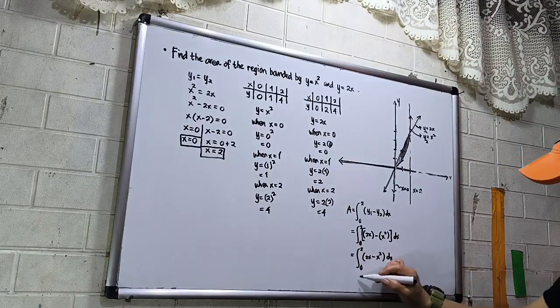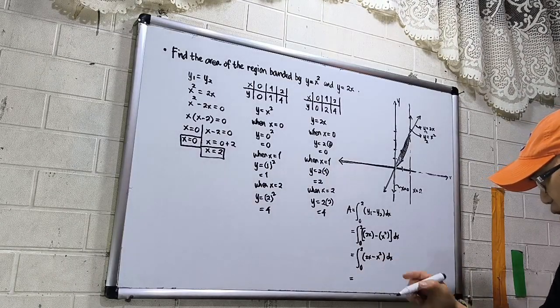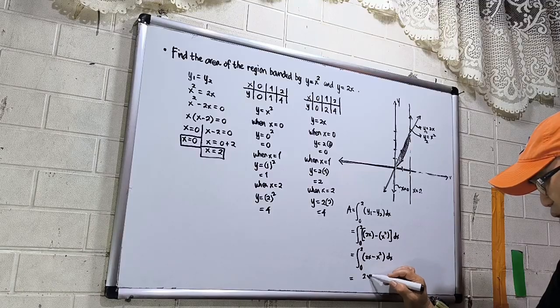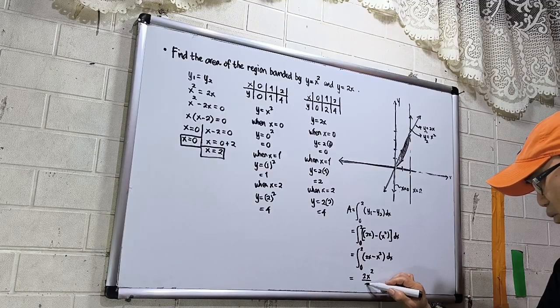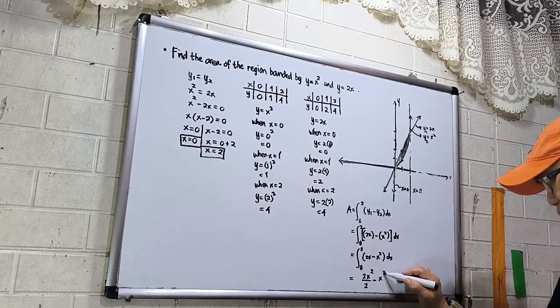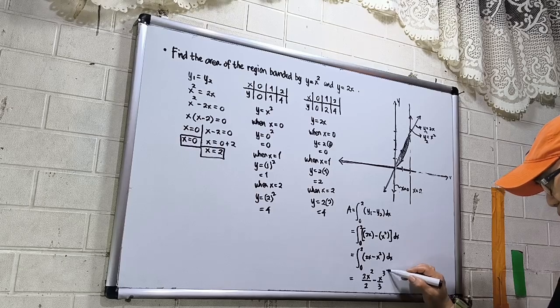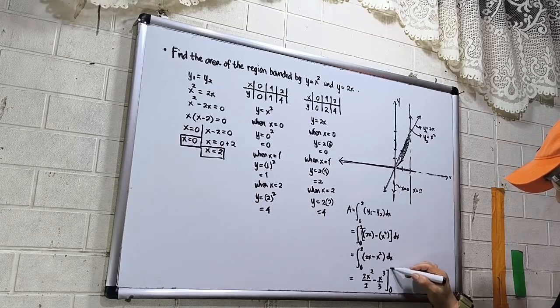Then integrate: this will be 2x squared over 2, minus x cubed over 3, with limits from 0 to 2.